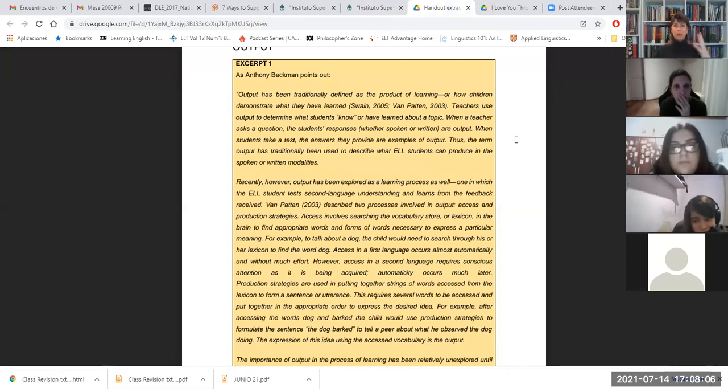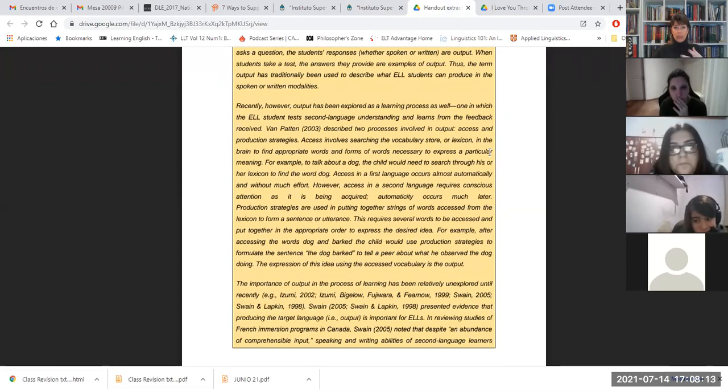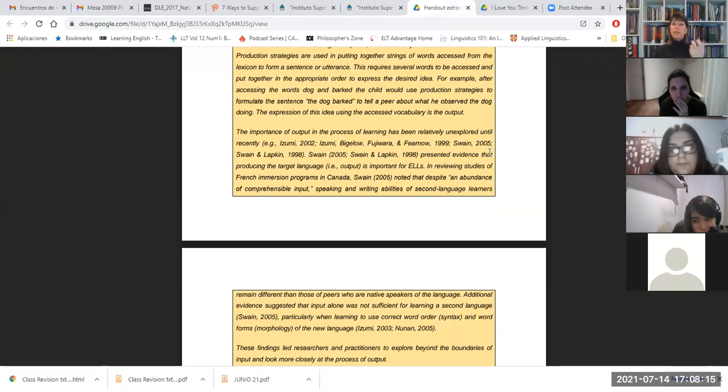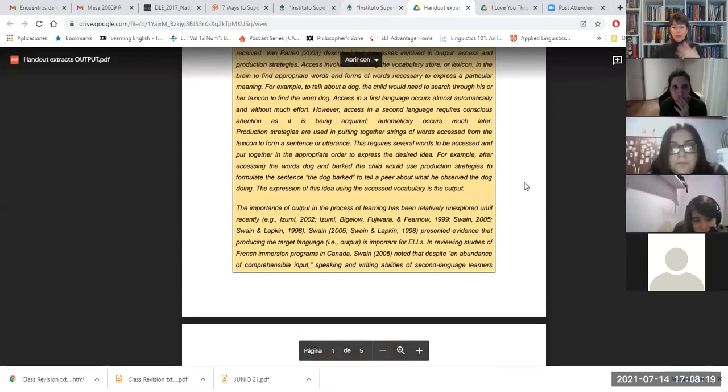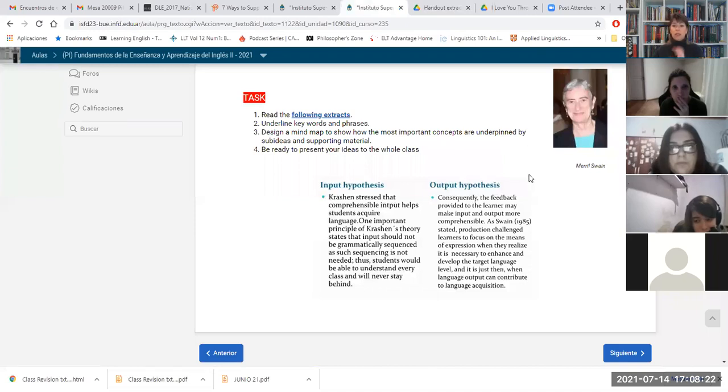Not just output with a simplistic definition, but something more complex, with the three functions of output, okay? And here there's a photo of Merrill Swain, because you know that Merrill Swain is the one who stood up, not against, I would say, but to complement Krashen's theory on the input hypothesis, all right?